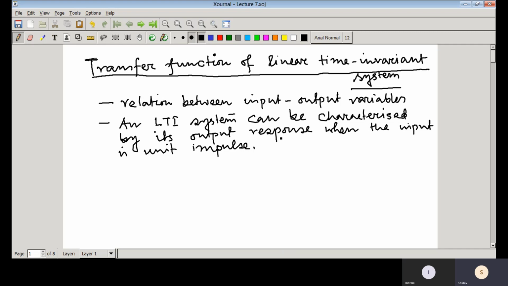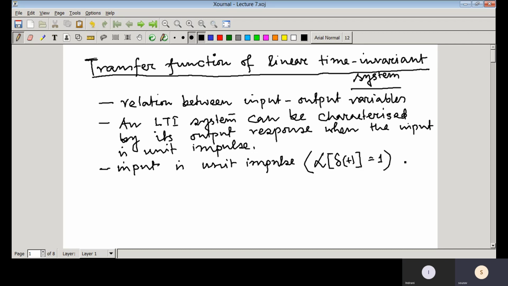And as you know, for a unit impulse input, if you take the Laplace transform, then it is 1. So input is unit impulse, that is delta t, whose Laplace transform is equal to 1.